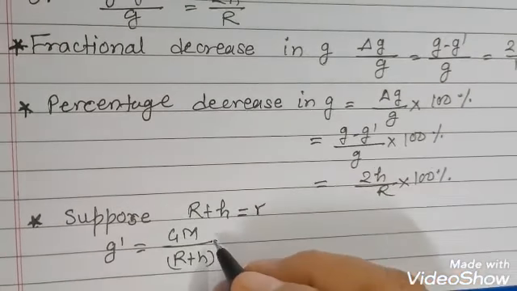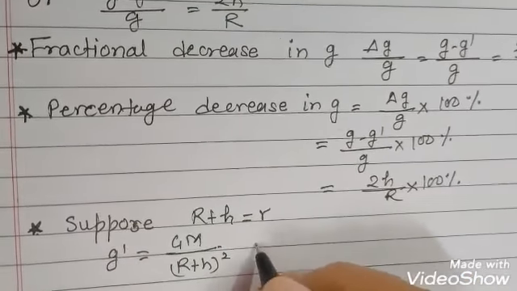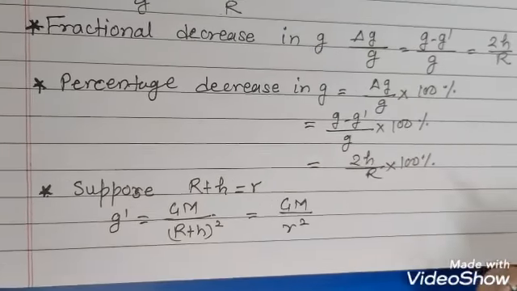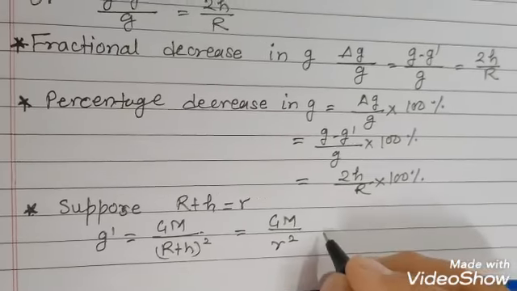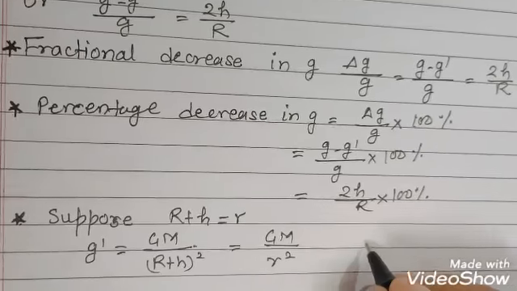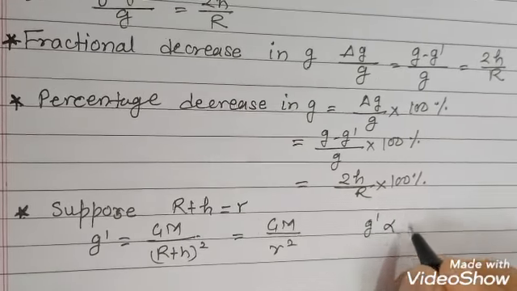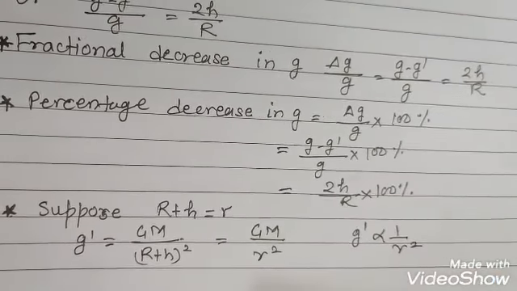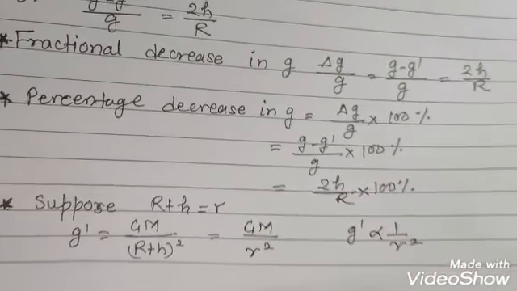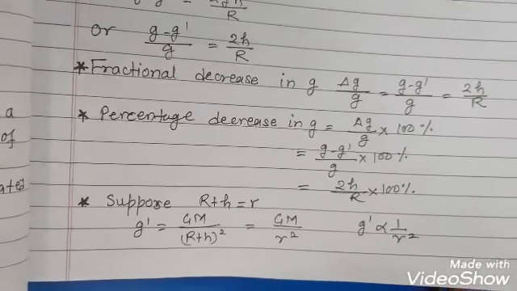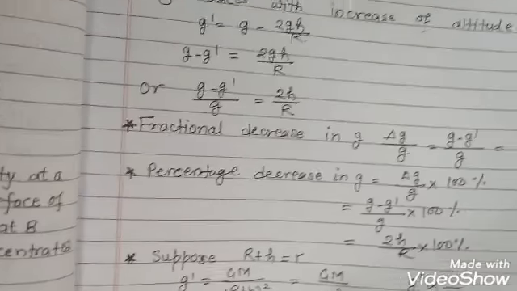So this is GM upon r plus h square, or we can write this as GM upon r square. From this equation you can see here g dash is directly proportional to 1 upon r square, or g dash is inversely proportional to the square of the distance of the body from the center of the earth.